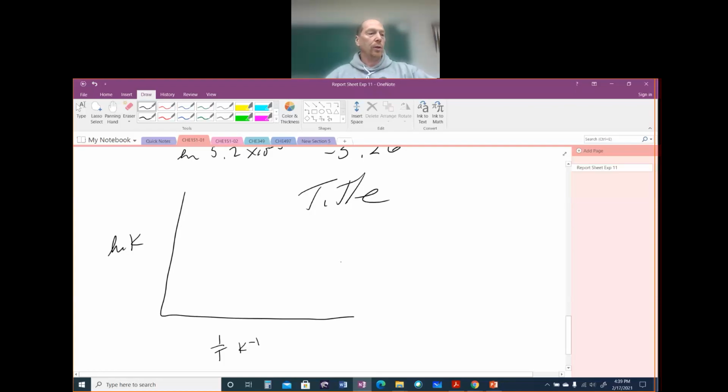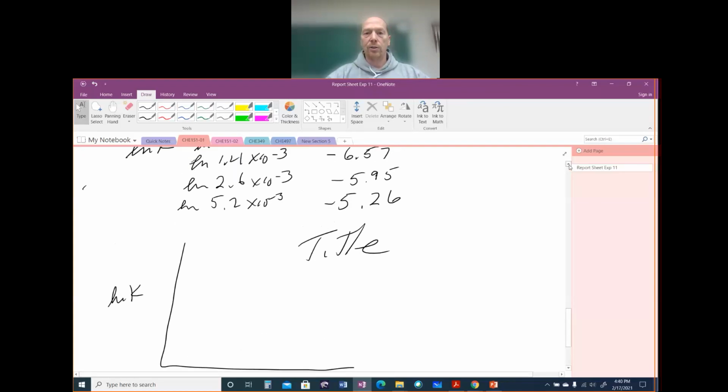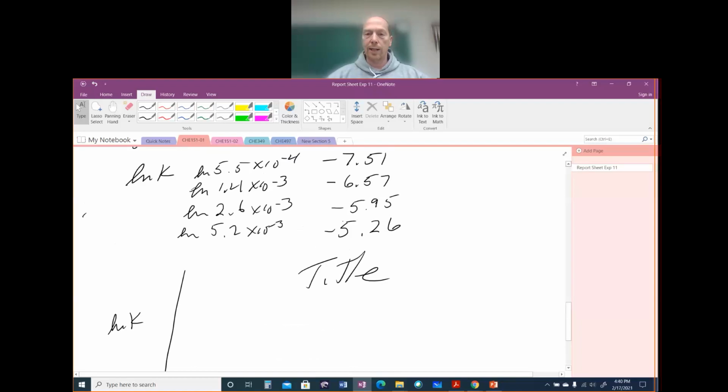All right, and so for your ln K values up here in your chart, you have your highest and your lowest, and so you'll want to subtract them. All right, so you have your highest number is a negative 5.26, and your lowest number is a negative 7.51. All right, so I would go a little bit lower than the minus 7, and so I like integers, so I'm going to say minus 8.